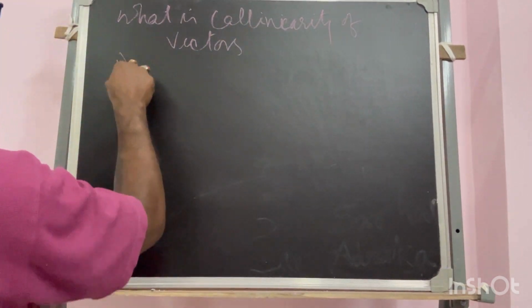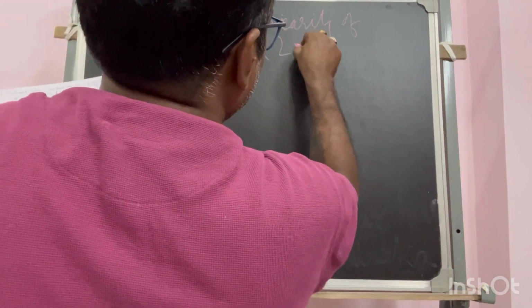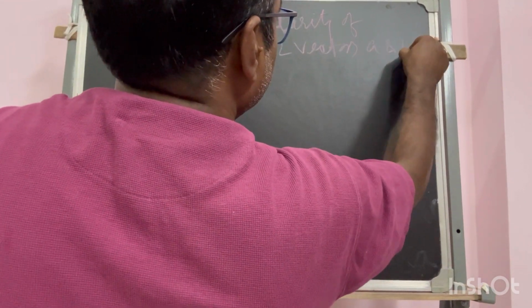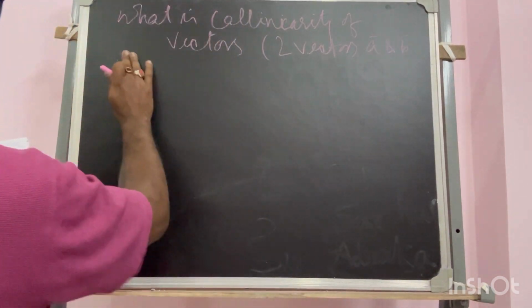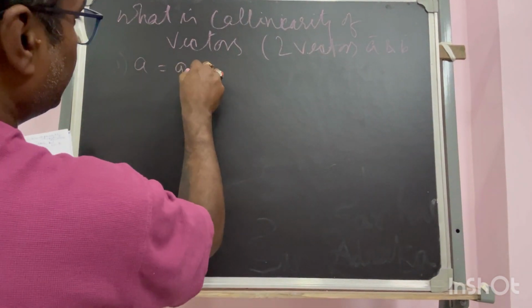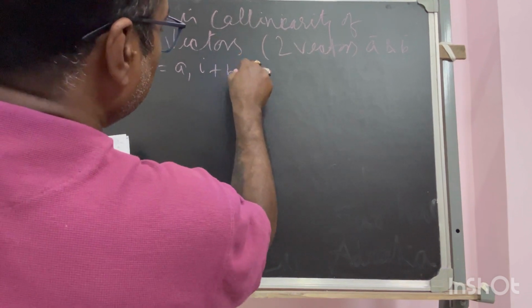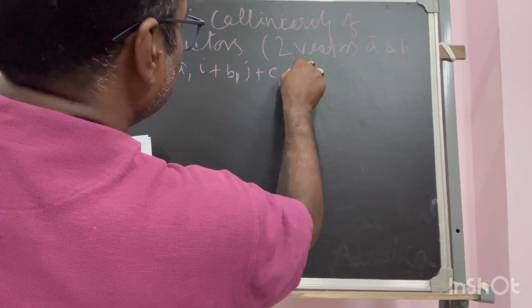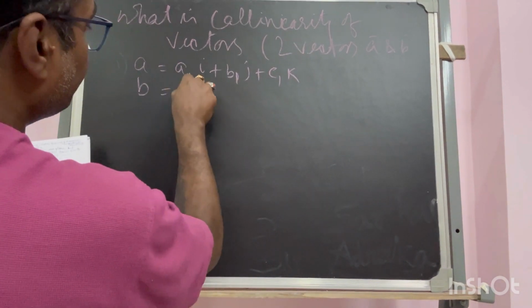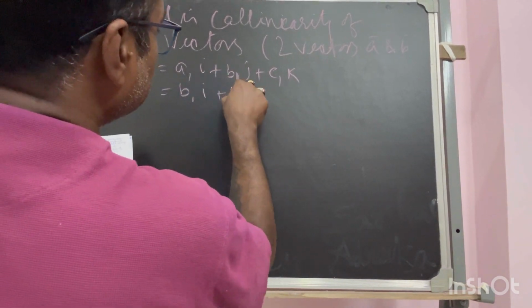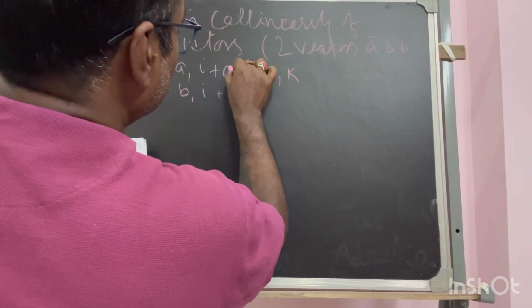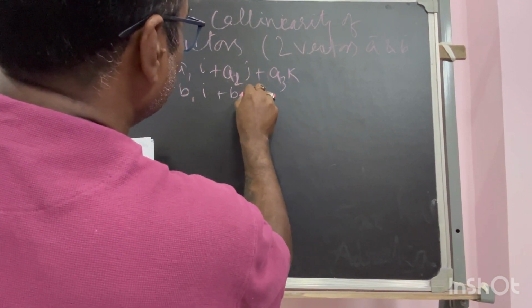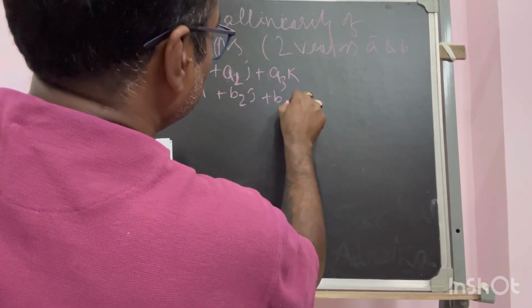So if I consider two vectors, let's say A and B, and let's say A is represented by A1 i, B1 j, C1 k, and B by B1 i plus A2, A3, B2 j plus B3 k.